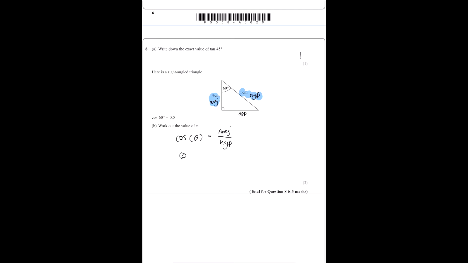So it's the cosine of 60 equals the adjacent, which is 4, divided by our hypotenuse, which is x. So we get 4 over cos 60, and we're told cos 60 is 1/2, which gives us 8.